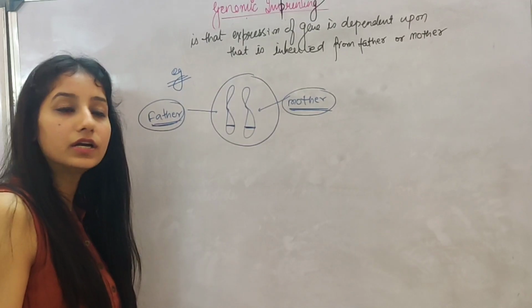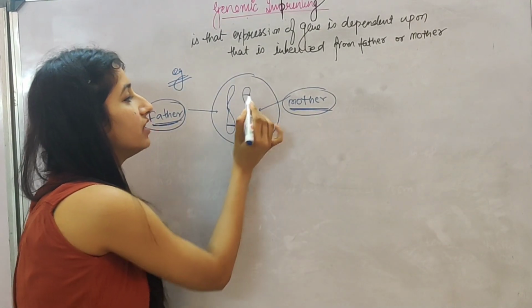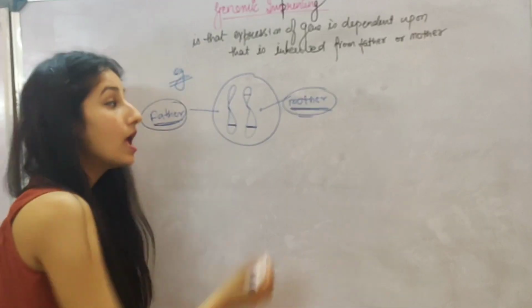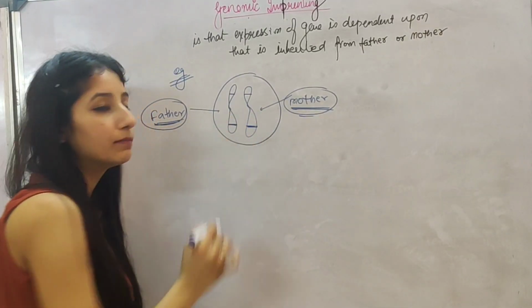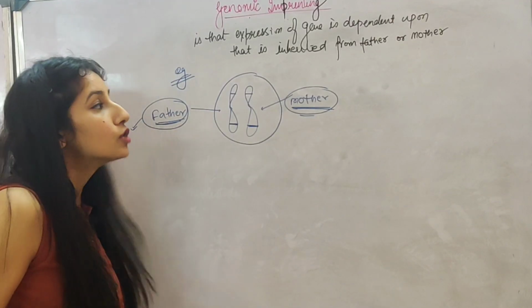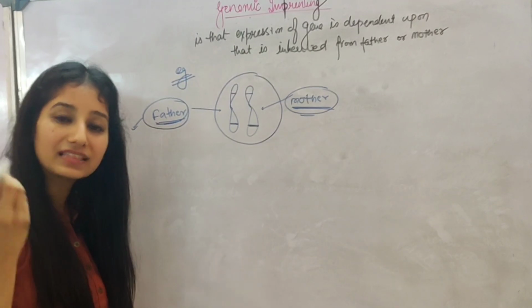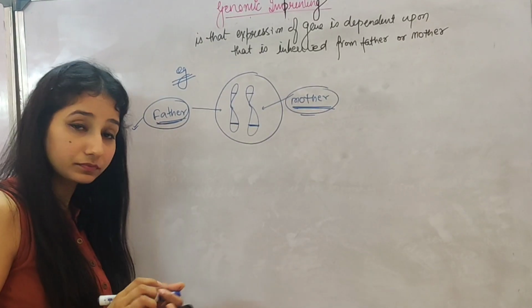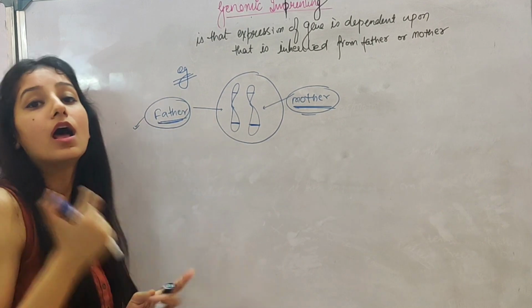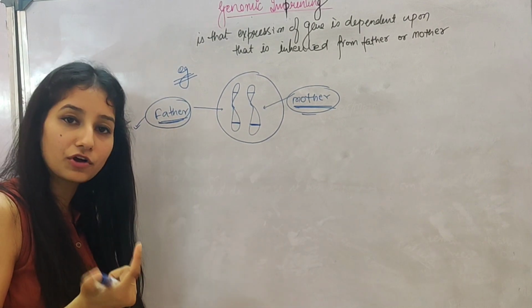In another condition, this gene will be expressed in the offspring because it has been inherited from the mother, and its copy is not able to express itself because it is inherited from the father. So this is known as genomic imprinting: depending upon where it is inherited from, the offspring will show the expression of the gene.